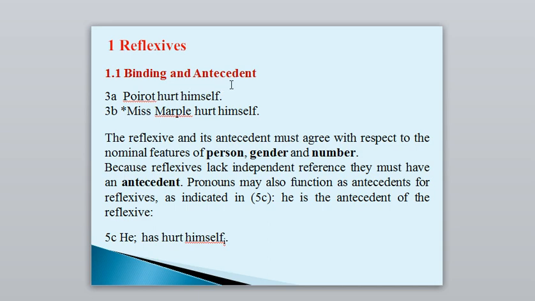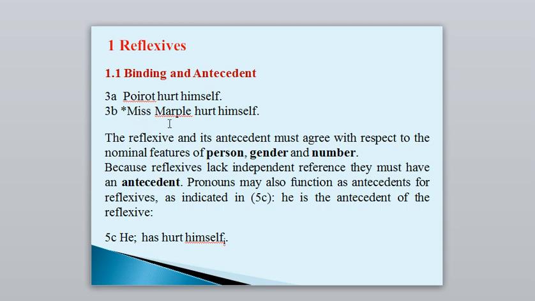Binding and antecedent. Look at these examples. Poirot hurt himself, you see, and Miss Marple hurt himself. This is ungrammatical. Why? The reflexive, like here, himself, and its antecedent must agree with respect to the nominal features like person, gender, and number. For example, in the first example, himself is a masculine pronoun, so it comes back to the Poirot as a masculine noun, you see here.